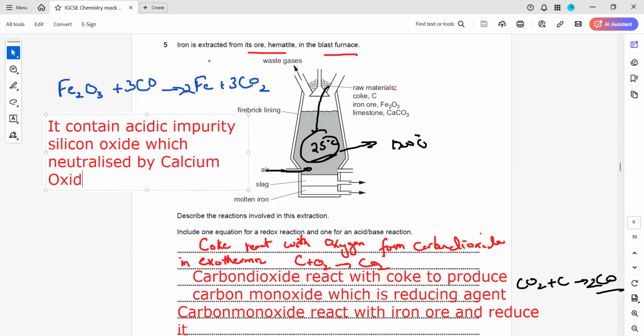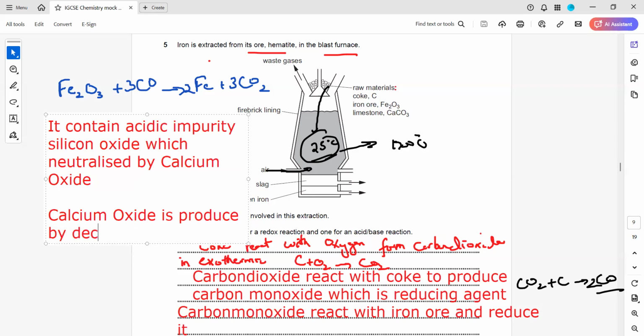And how is calcium oxide produced? The calcium oxide is produced by thermal decomposition, or you can say decomposition, of the limestone.